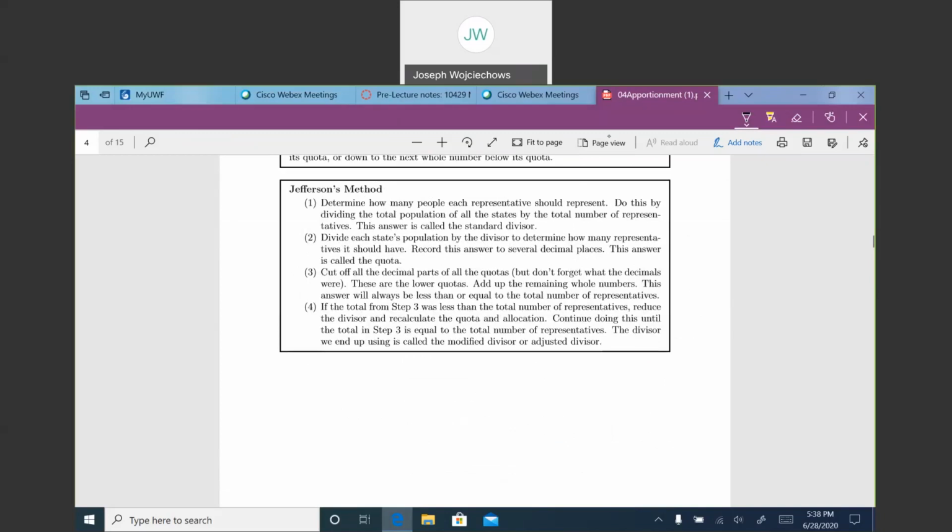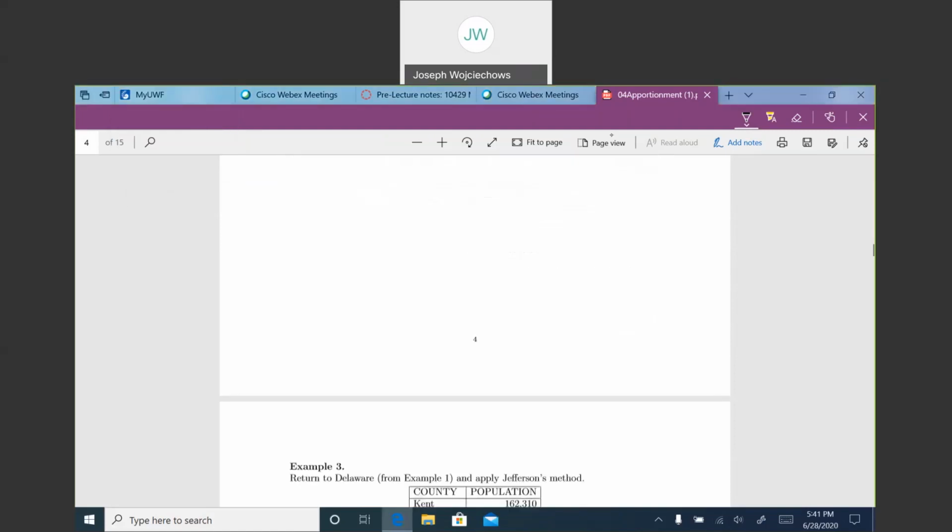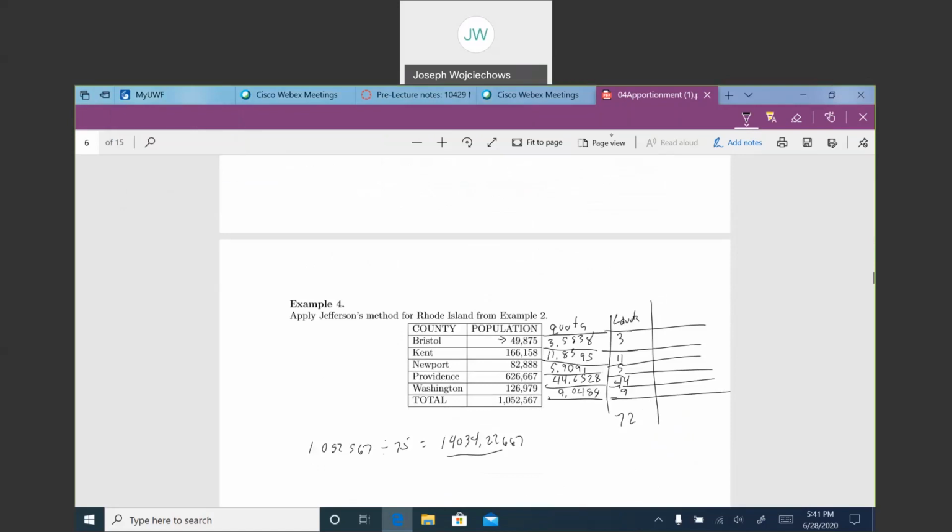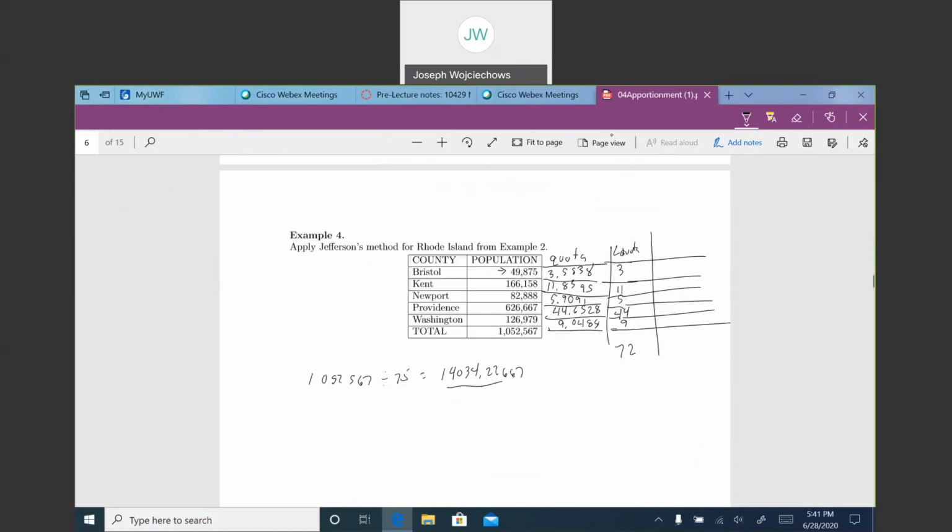So we need to reduce our divisor. Okay, so this is the hard part about this, finding a number. I'm going to use a divisor of 13,750.